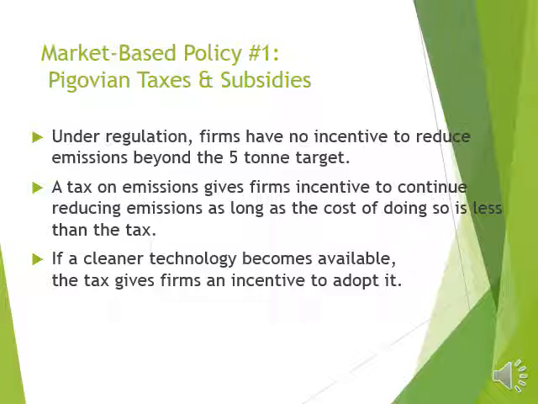So using taxes is a good way to incentivize cleaner burning technology, because the companies that can burn coal with less SO2 pollution are going to have a comparative advantage. So firms will adopt cleaner burning technology if there's a tax to incentivize them.